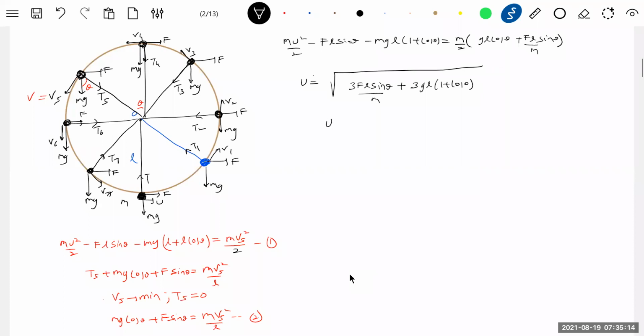Now we'll do one thing. We'll rearrange this: 3gl cos theta. Again differentiating this with respect to theta and equating to 0. I'll differentiate first.